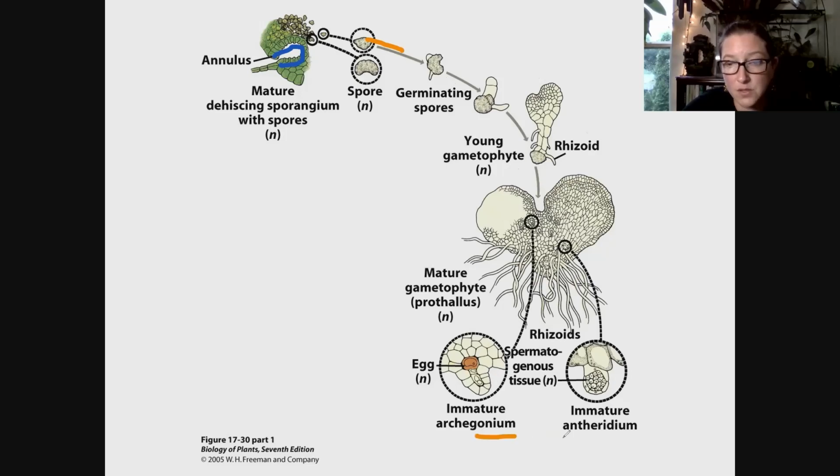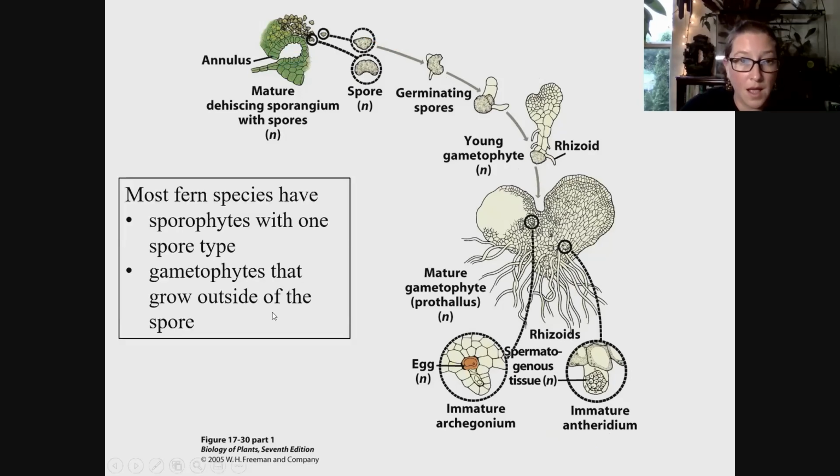Female sex organs, male sex organs. And as I said, we're only looking at the terrestrial ferns, and so fern species for the case of our class have one type of spore, with gametophytes that grow outside of the spore.